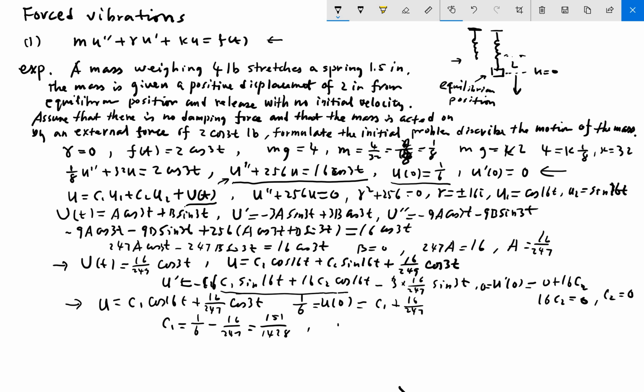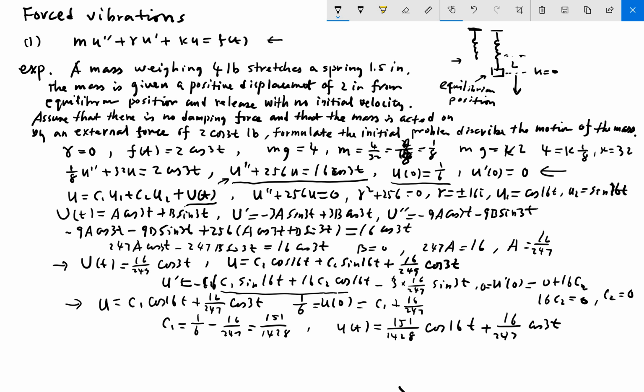Okay, finally we find our displacement function. With C1 being 151 over 1428, U equals 151 over 1428 cosine 16t plus 16 over 247 cosine 3t. So finally we're done.